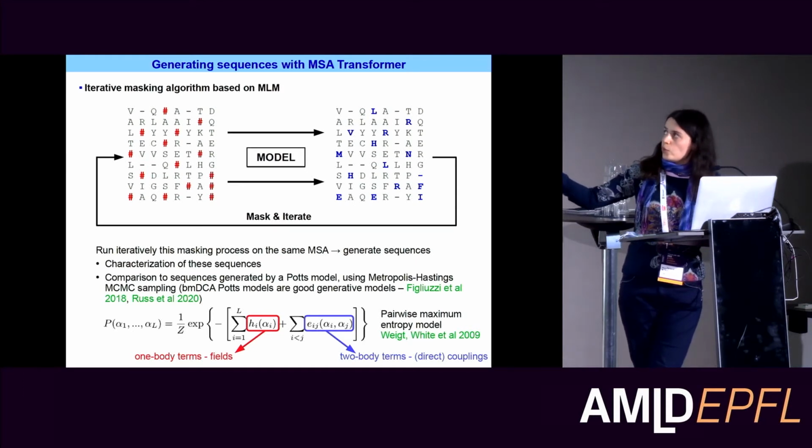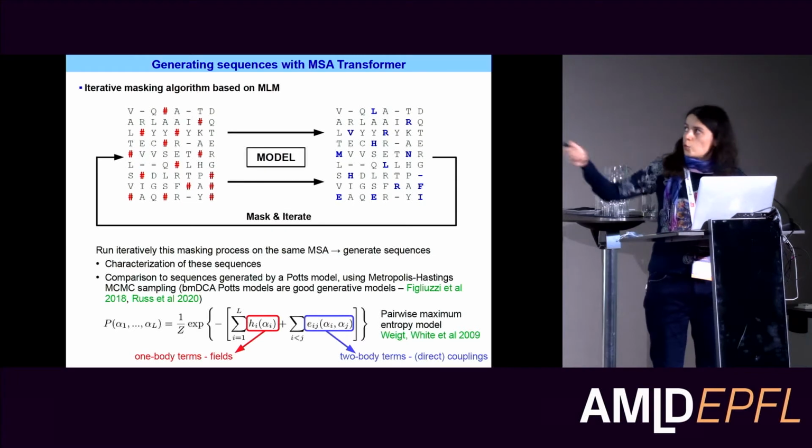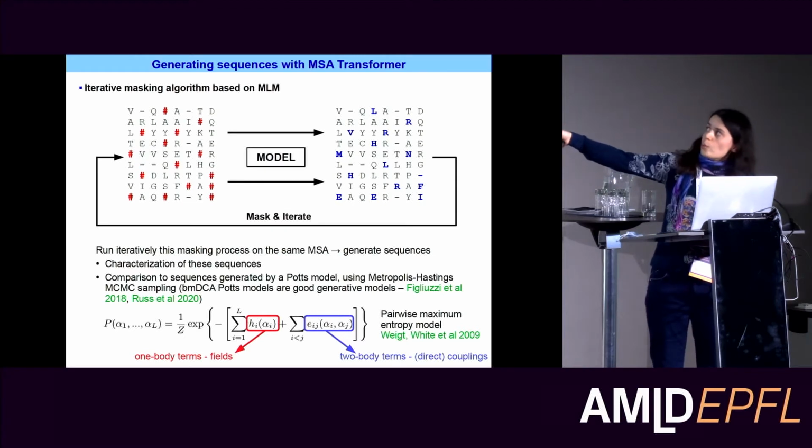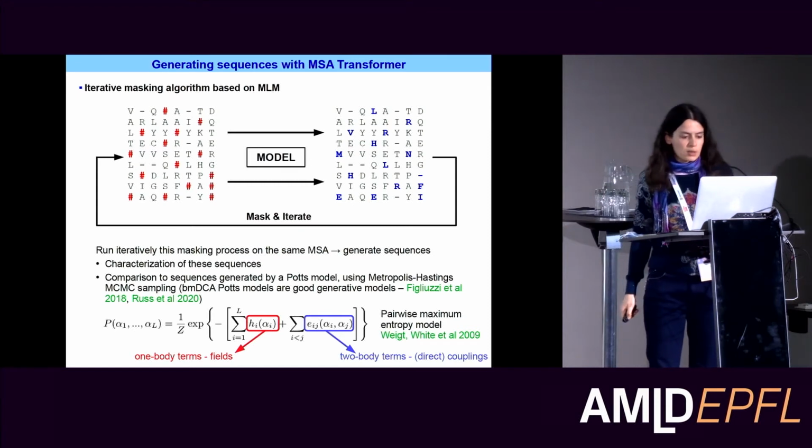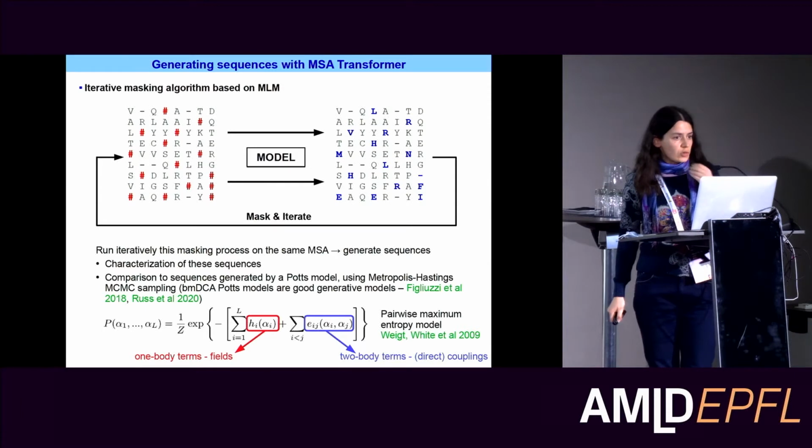For this, we start from a natural multiple sequence alignment, and we mask some entries at random, and we employ the model to predict the missing amino acids, but then we iterate by putting this MSA back as input to the model, and repredicting some masked entries, etc. After some iterations, the properties of the multiple sequence alignments stabilize, and we then consider these sequences as our generated sequences, with the idea that they are going to be generated from the same family of proteins as the one that we put as input, but they are new sequences.